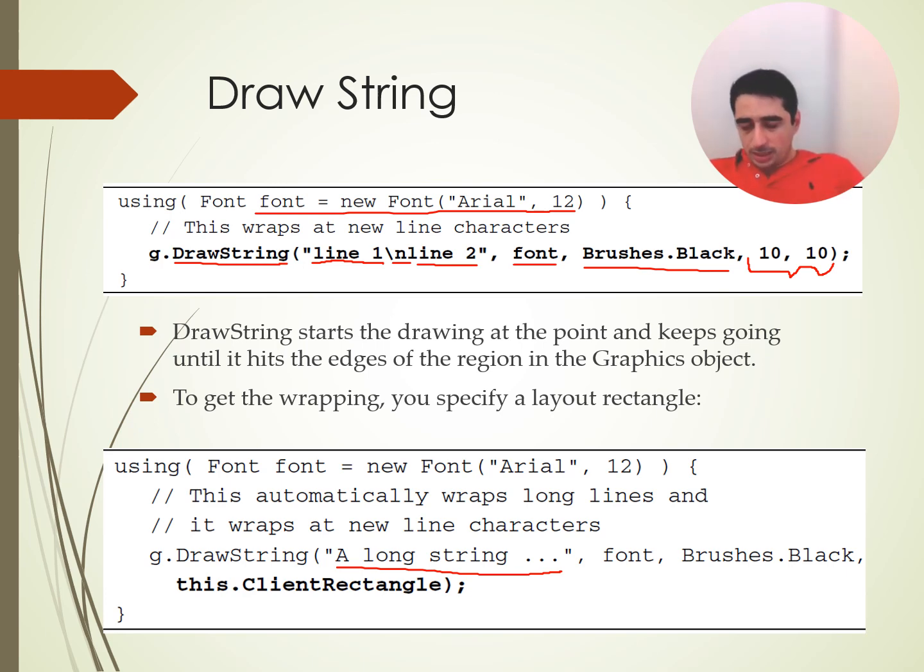So after passing font and the brush, I basically pass the rectangle that I want the DrawString method to use for wrapping purposes. And that would be this client rectangle. That's how you basically wrap a very long string.